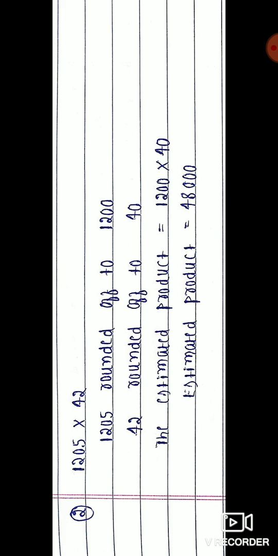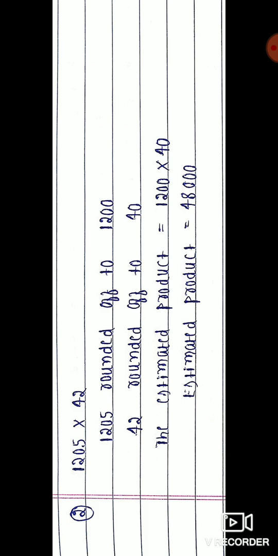So 2 plus 1, three zeros are there. So write three zeros as it is. Then the remaining numbers are 12 into 4. 12 fours are 48. Therefore 48,000. 48,000 is the estimated product.